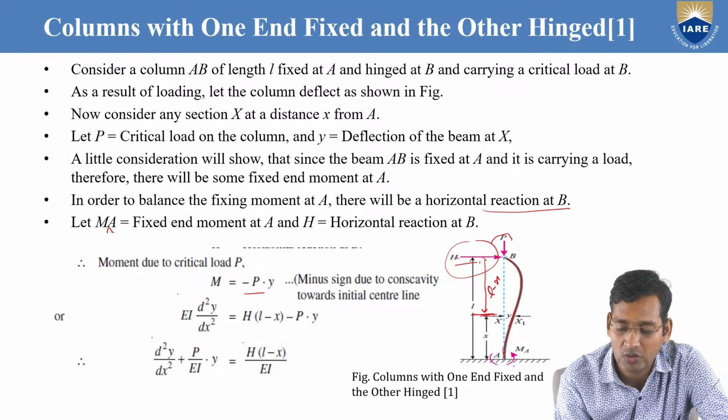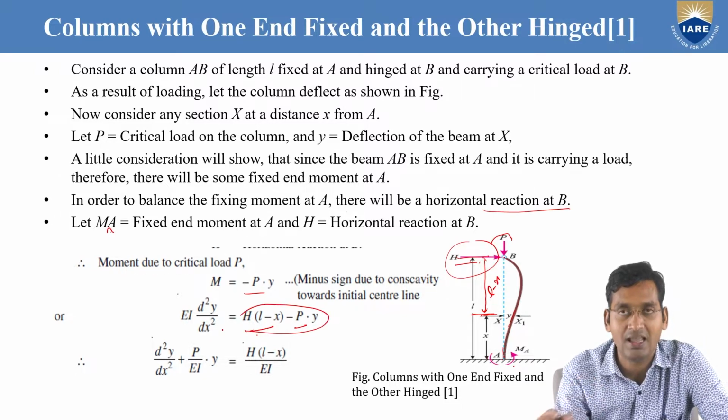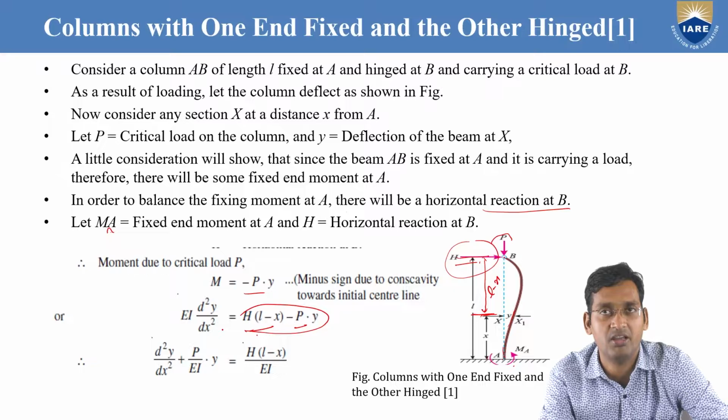So H into (L minus x) is the moment due to the horizontal reaction, and minus Py because of this load. So the overall moment will be H(L minus x) minus Py.